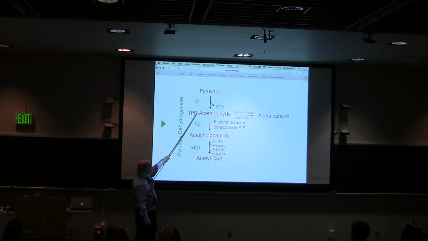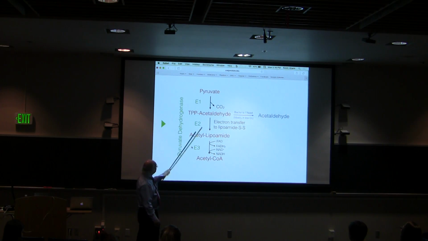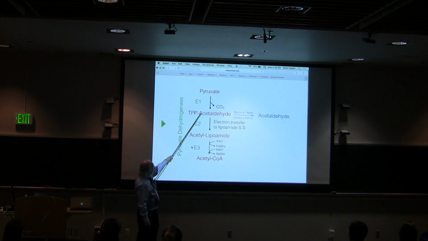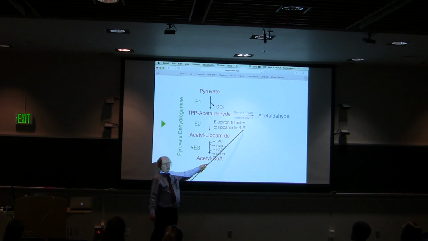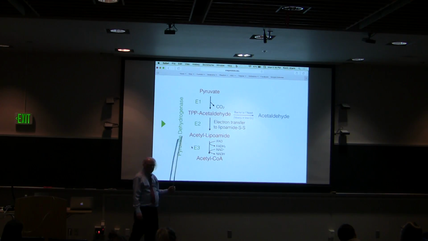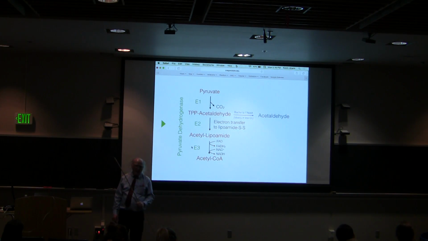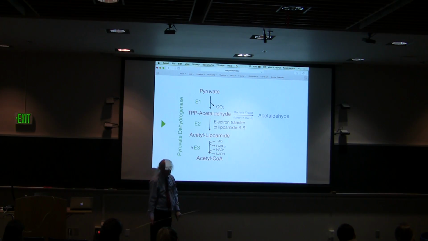TPP's job, then, is to transfer the acetaldehyde to a coenzyme A. So that's what's happening in this step. And it's in this step that the oxidation actually occurs. So the oxidation occurs because the acetaldehyde is converted into an acetyl group. And that conversion means the electrons have to go somewhere.